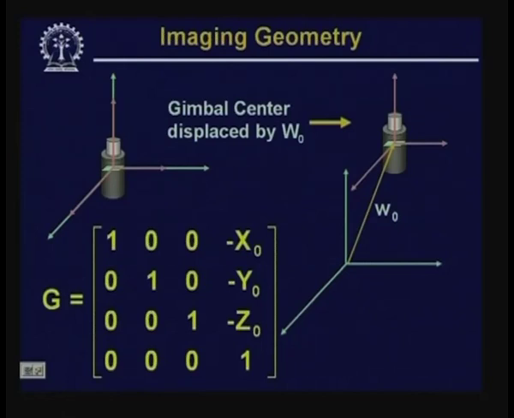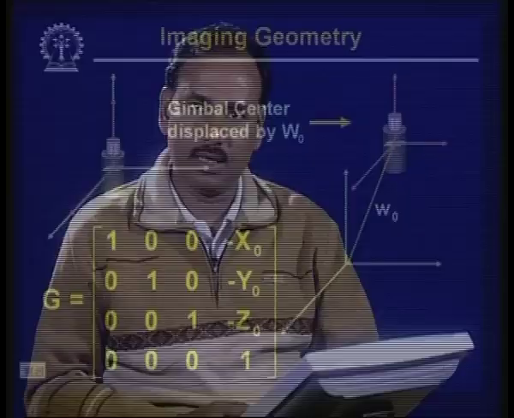You remember that if I displace the camera center by vector W naught, then all the world points will be displaced by a vector minus W naught with respect to the camera.